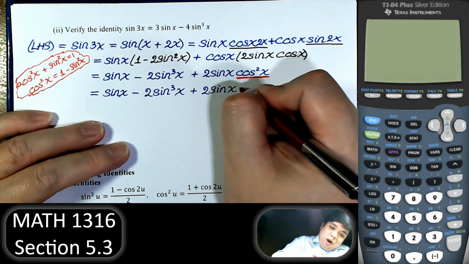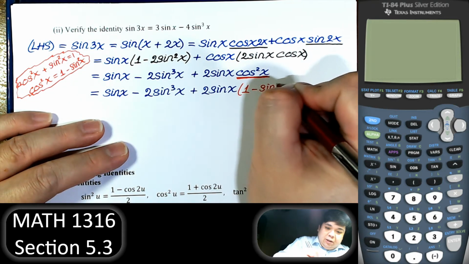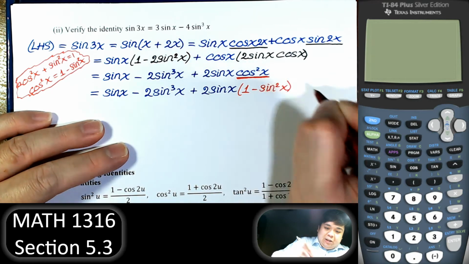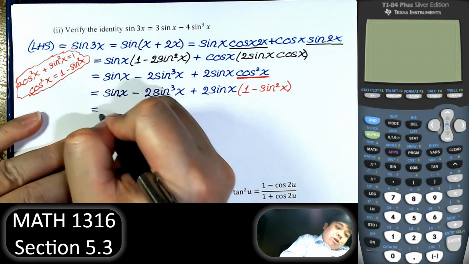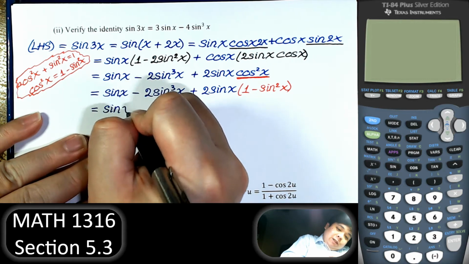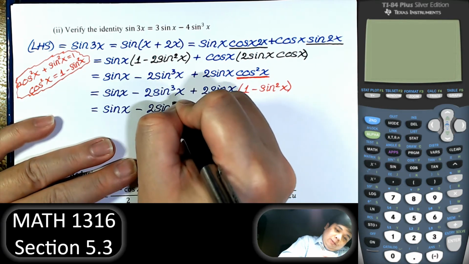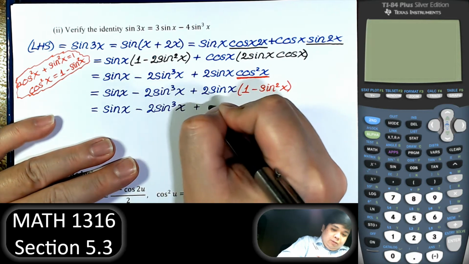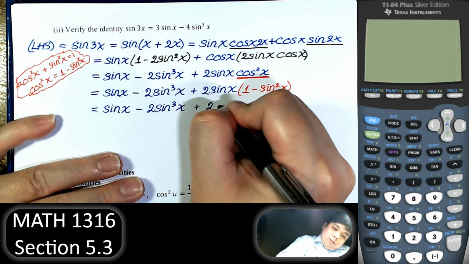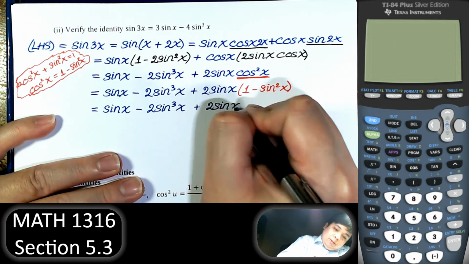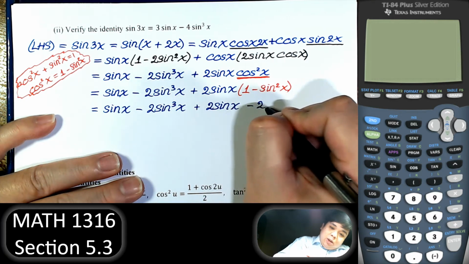And then we have 1 minus sine square. Right, here we can multiply it out. Two sine x times 1. And multiplying here we have minus 2 sine cube.